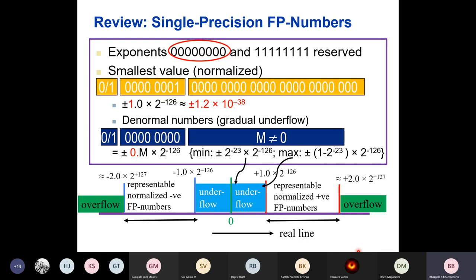You observe that the underflow region now reduces. Previously, if you consider only normalized numbers, it is so big, and because of denormal numbers, this boundary becomes closer to 0 in both directions, the positive side and the negative side. Well, that's all about representation. Once you understand this, maybe we can review the arithmetic. In arithmetic, we have a couple of questions that we want to clarify today. Well, so far is okay?